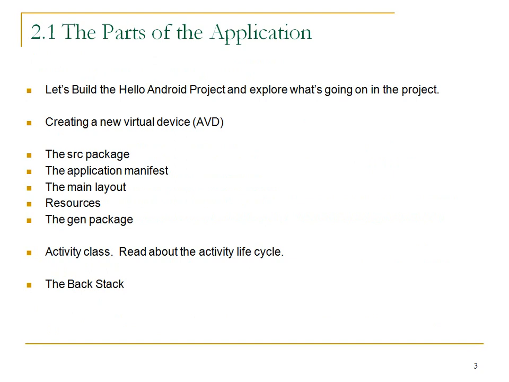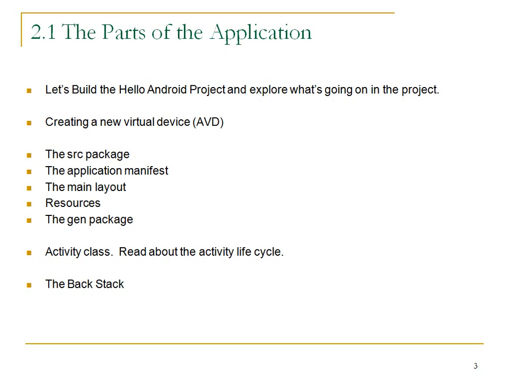I'm going to go back to Eclipse and build Hello Android, and we will start digging in and making sure that we understand what we have with the very simplest Android application, so not only does it work, but what's going on. In this segment, we will create a new virtual device.